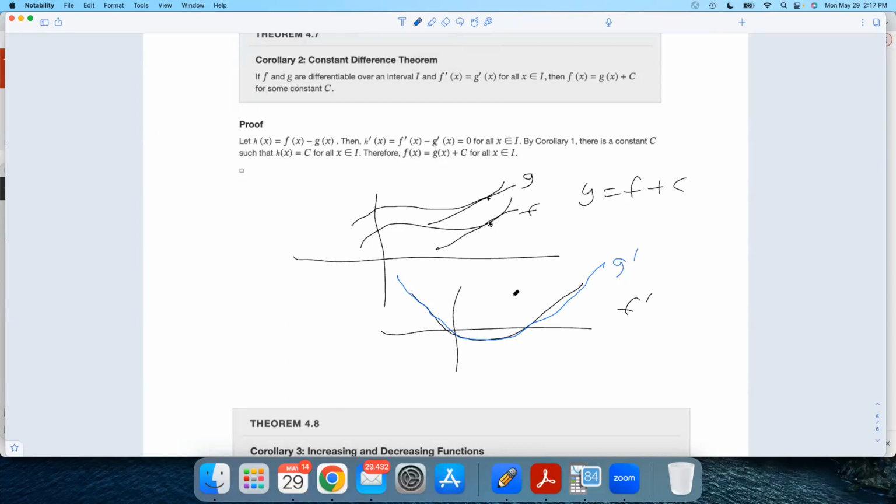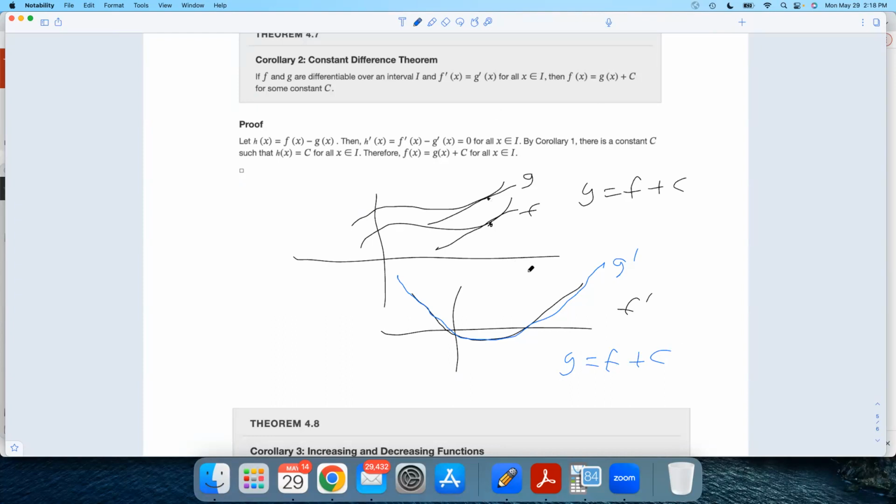If two functions have the same derivative, they don't necessarily have to be the same function. They might differ by a constant. So same thing, g will be f plus some constant. And again, that constant might be 0. They might literally be the same. Or it might be a negative number, it might be a positive, any of those.